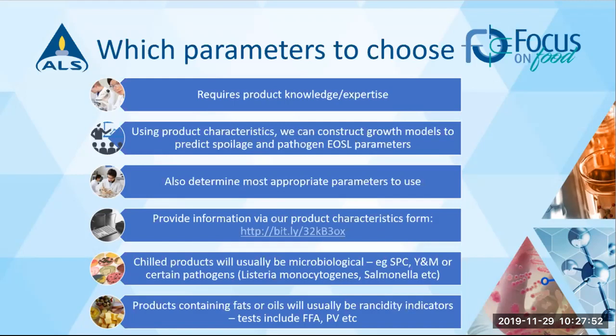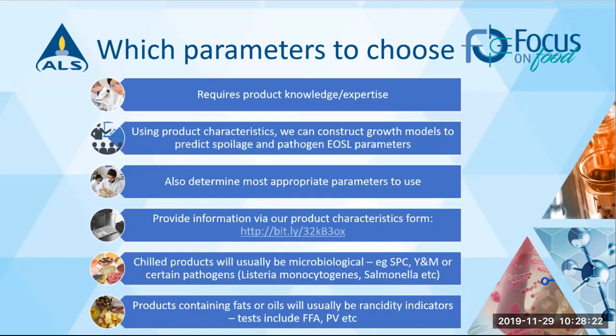If you're submitting samples to the lab and you're looking to develop a shelf life trial, we've created an online form at this link here where you can input all the product characteristics and details that you have. You can use that to submit all your detailed product information to us. It will help us to best advise you on the most appropriate end of shelf life parameters for your product.